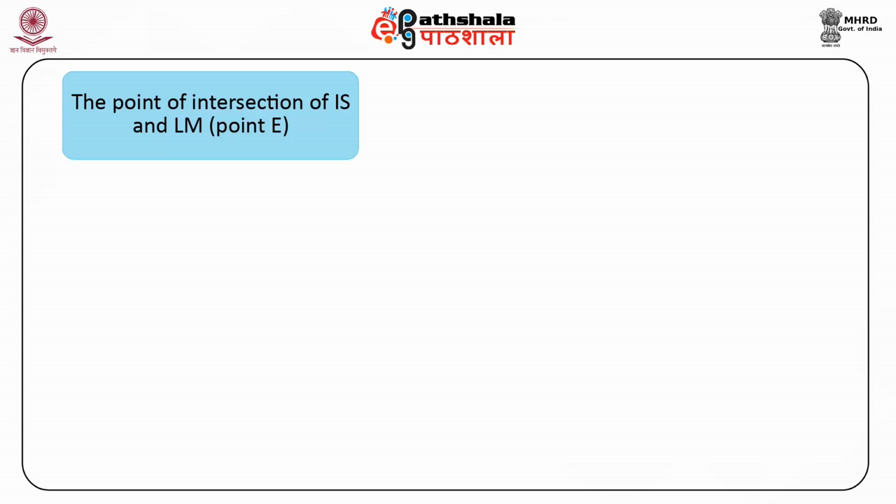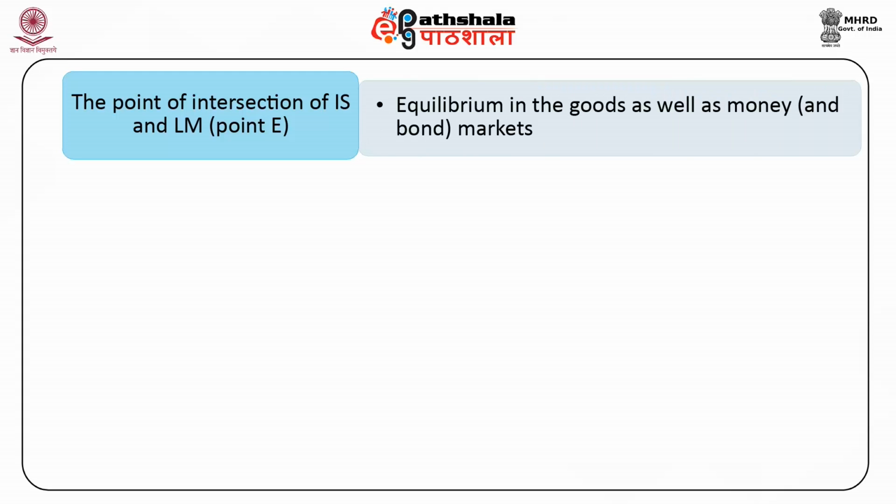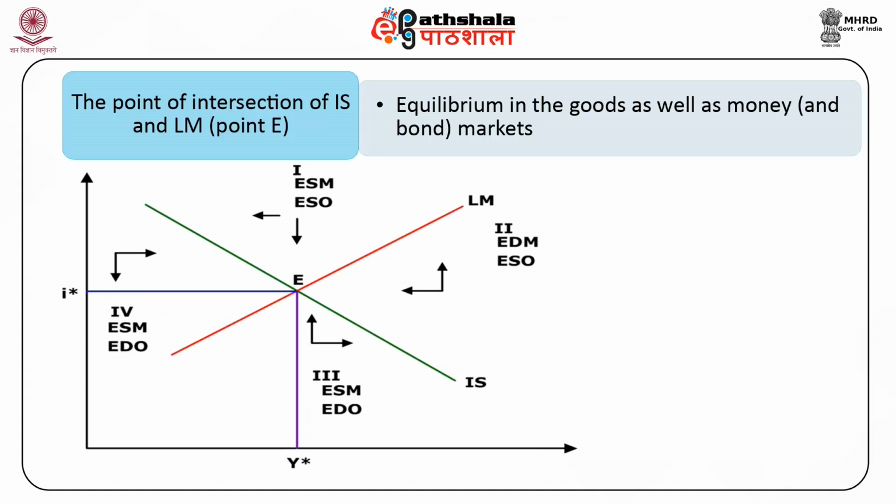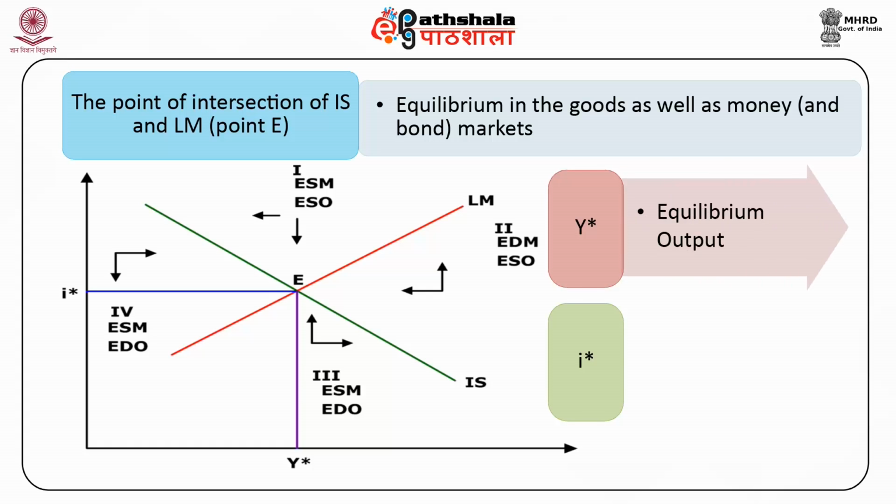The point of intersection of IS and LM, point E, represents equilibrium in the goods as well as money and bond markets. We can see this in the figure. Y star, I star represents the equilibrium output and interest rate at which goods and money markets are simultaneously in equilibrium.